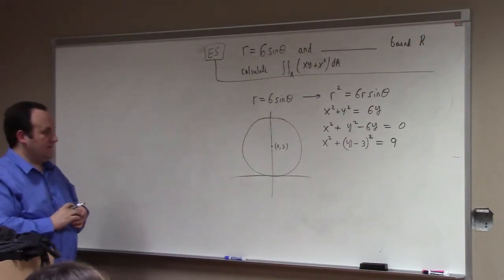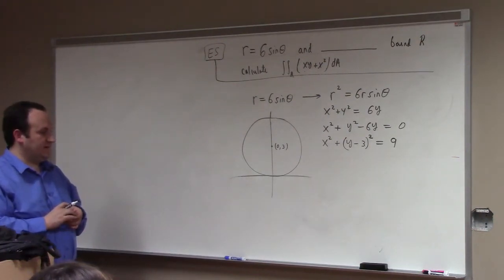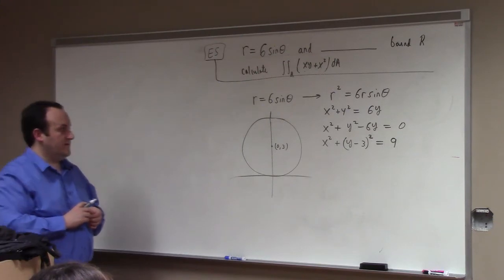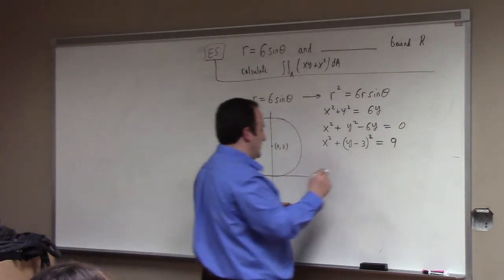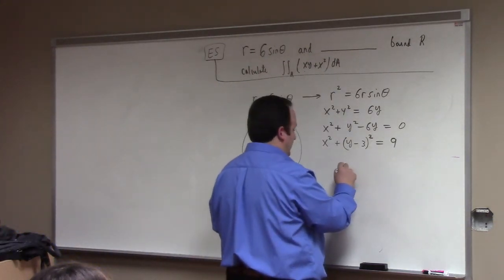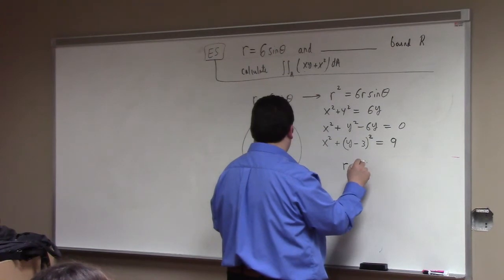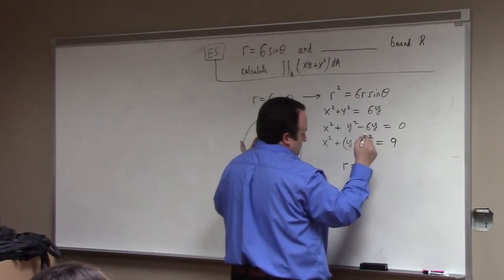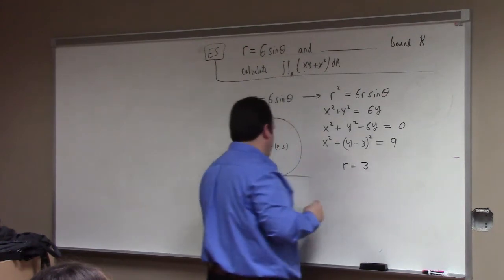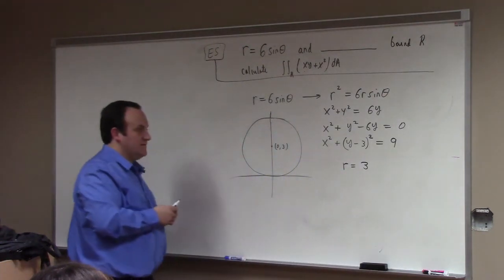I want to bound a region by that in some interesting way. So let's also look at, I don't know, r is equal to, let's say, r equals 3. Why make life difficult? r equals 3 is interesting enough.